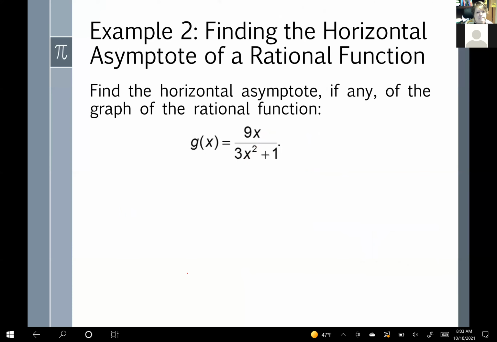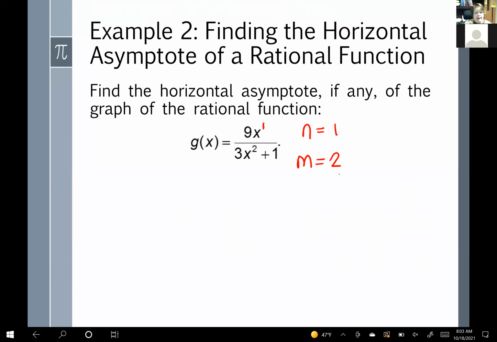Okay, how about this one? We have g of x is 9x over 3x squared. So the numerator is the polynomial 9x. There is an understood 1 on that x. So the degree of the numerator is 1. The denominator is a quadratic function, so its degree is 2.